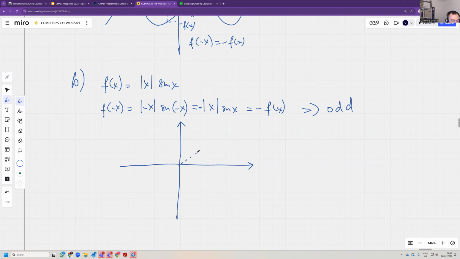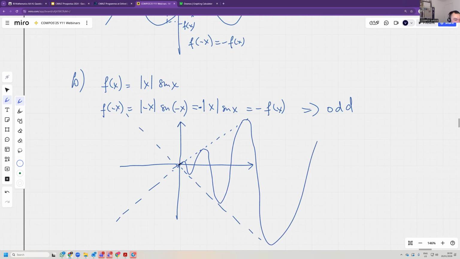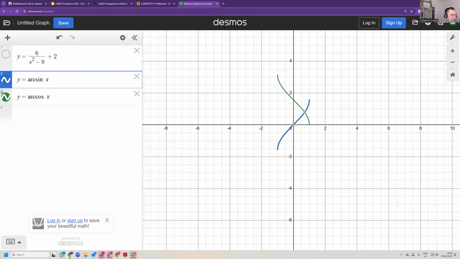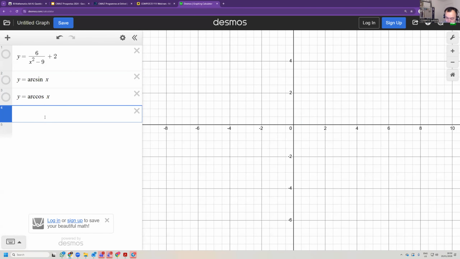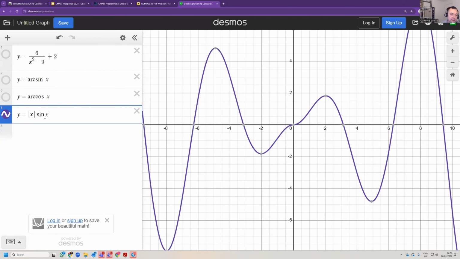So the maximum, the amplitude of the sine graph, is like this, and it's going to go like this. It's going to be a sine graph with an ever increasing amplitude. Let's see how it looks. Equals modulus x sine x.